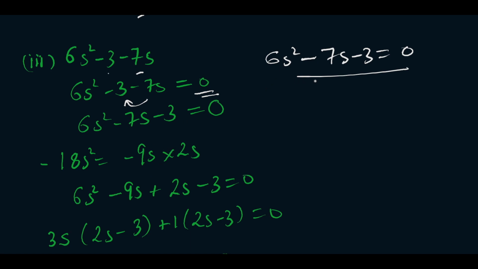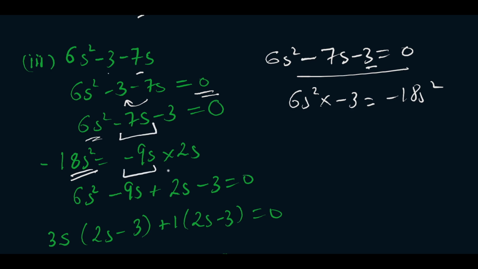Now 6s square multiplied by minus 3 gives us minus 18s square. Now we need to split 18 such that it gives us minus 7. So this will be minus 9 multiplied by 2s. So 6s square minus 9s plus 2s minus 3 will be equal to 0.